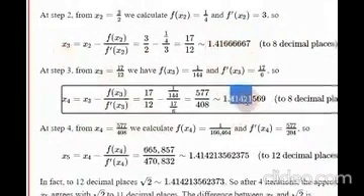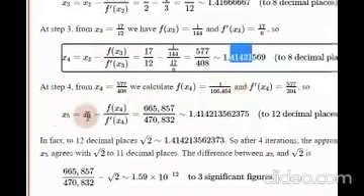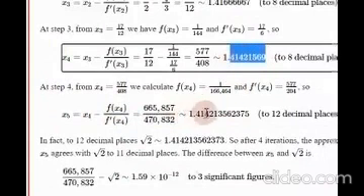Here this is the second iterative, and this one is the third iterative. Look at these decimal places. Here you have 0.416666, something like that, but here it changes.